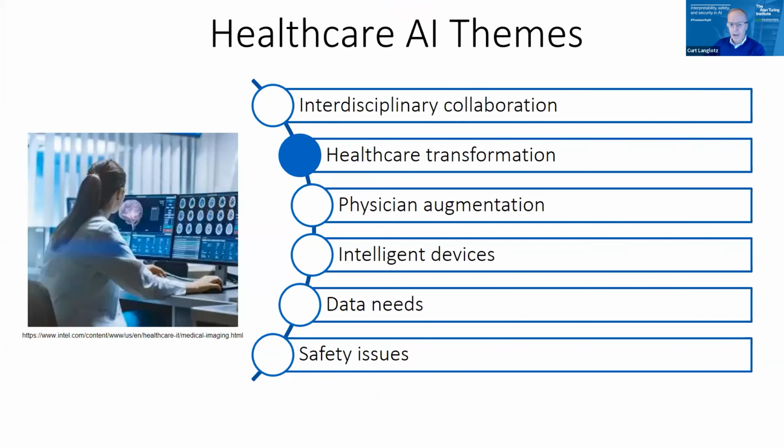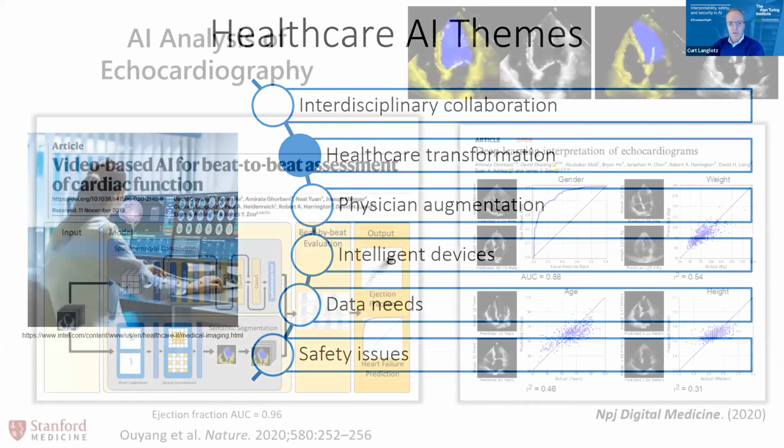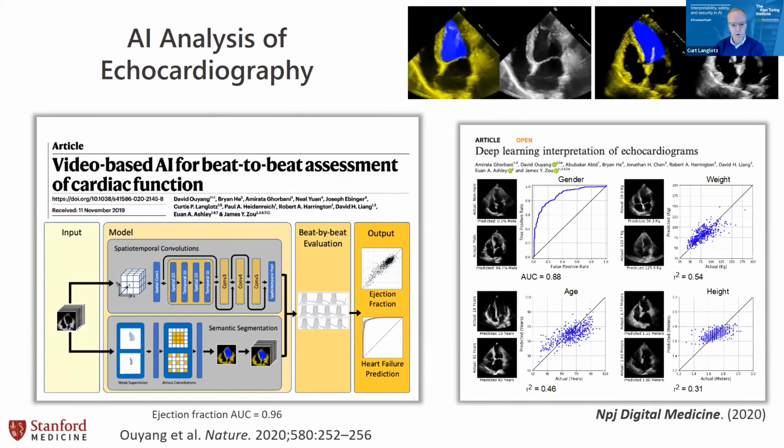All right, let's talk about how AI can transform healthcare outside the radiology department. First example I'd like to give is the work of David Ouyang, who is one of our cardiology fellows. This was published in Nature. And this has to do with ejection fraction, which is a key variable used in cardiac care.